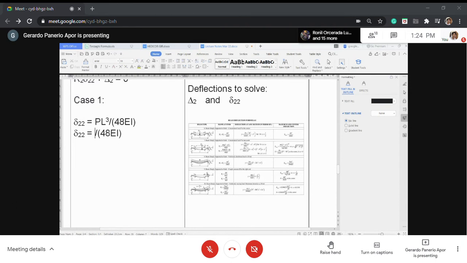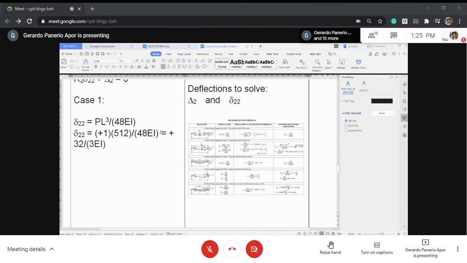It should become positive 1 times 512 over 48 EI. So, 512 divided by 48, you have positive 32 divided by 3 EI.